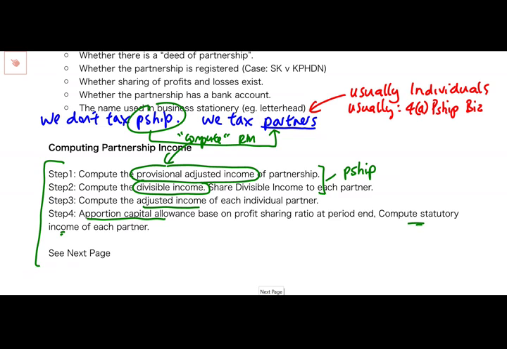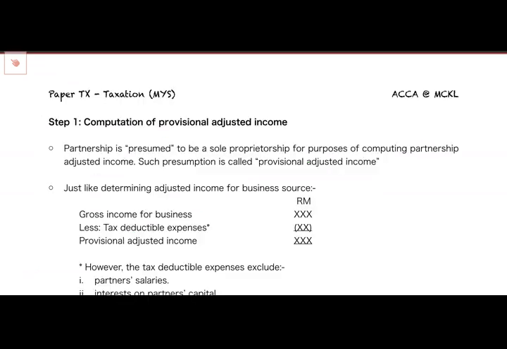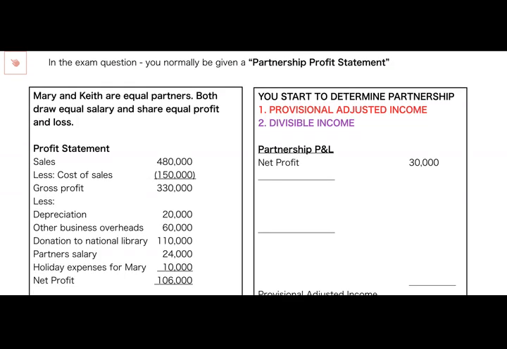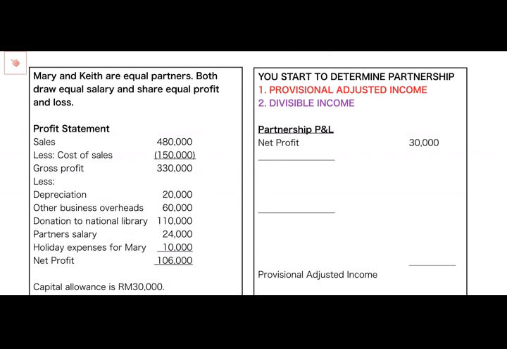Okay, let's look at page 241. Now, these will be the steps how we get provisional adjusted income and divisible income. So are you with me in this page? Okay?